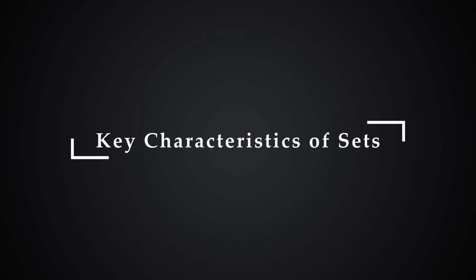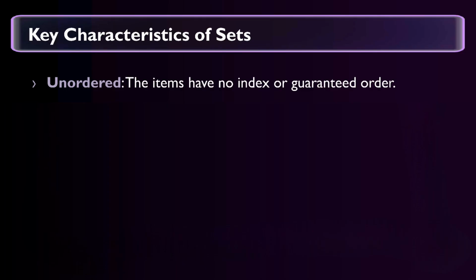Let us now explore the key characteristics of sets in Python. First, sets are unordered. This means the items in a set do not have a fixed index or guaranteed order. When you print a set, the order of elements may differ each time.